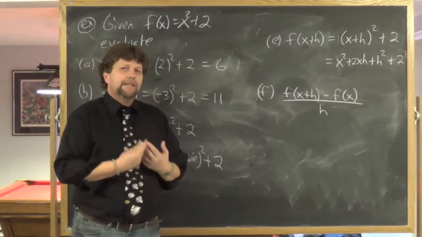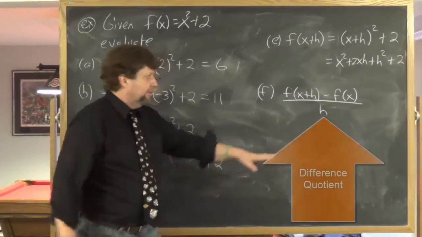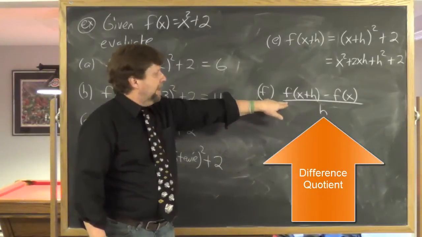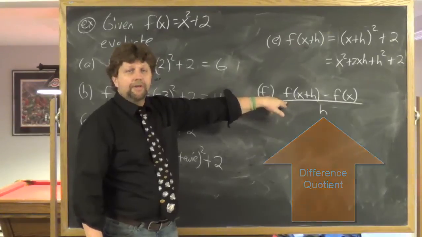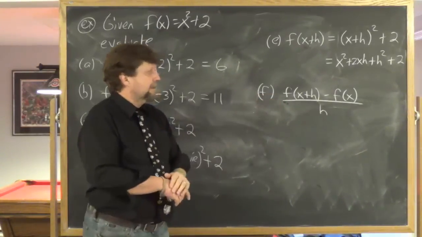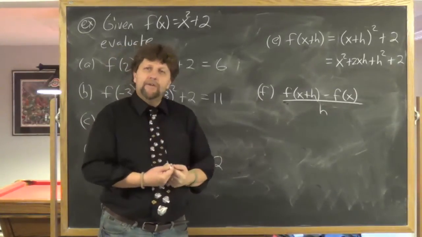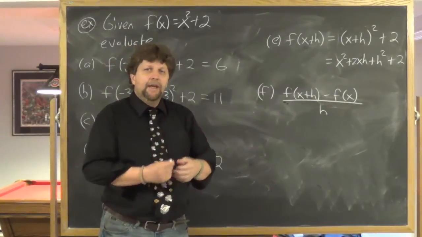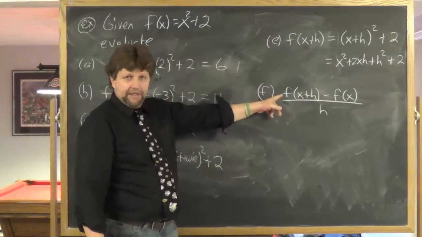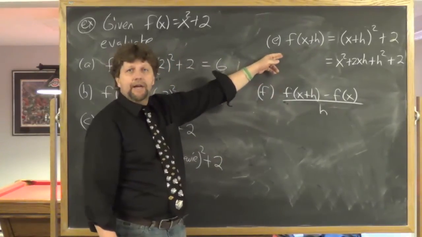It's all about the same process. By the way, this beastie that I've written up here in part F, this is called the difference quotient. It's something kind of important that keeps popping up in mathematics. But it's, how do we evaluate this difference quotient? It's the same process. We know what the f of x plus h is. We just did that in part E.